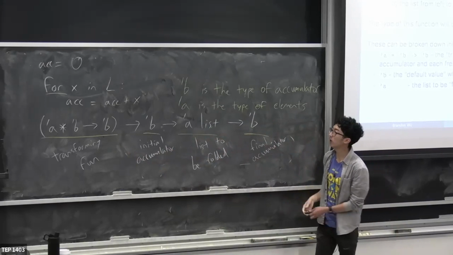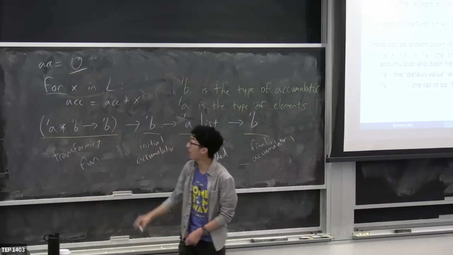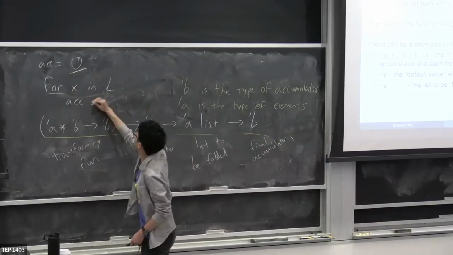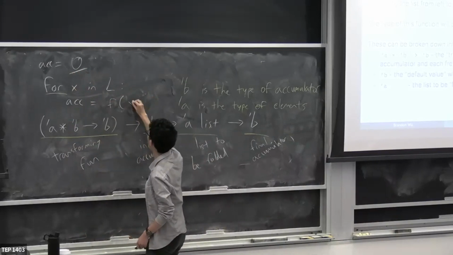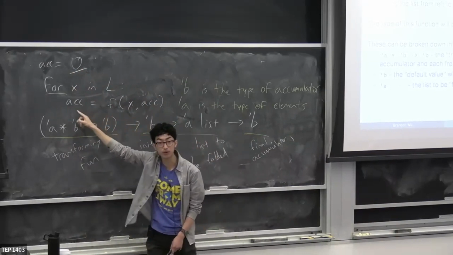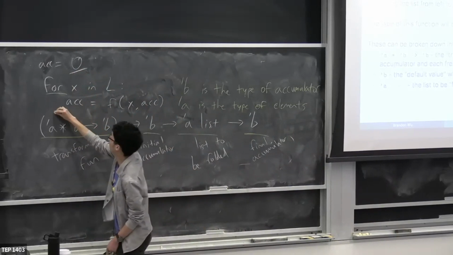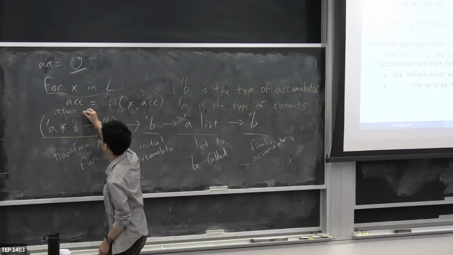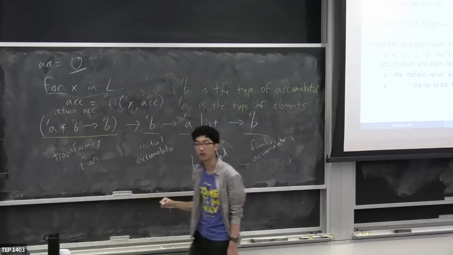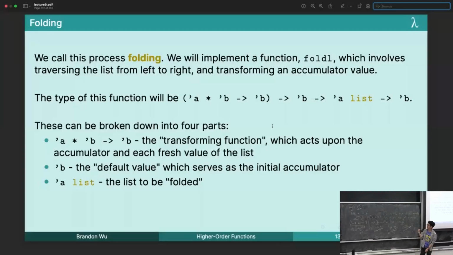The same way that if I had this as my initial accumulator, for every element in the list, I'm going to call f x and ac and reassign ac, so I produce a new accumulator. And eventually, once I'm done, I guess the corresponding analogy is I return ac. Spiritually, do you see what I'm saying here?